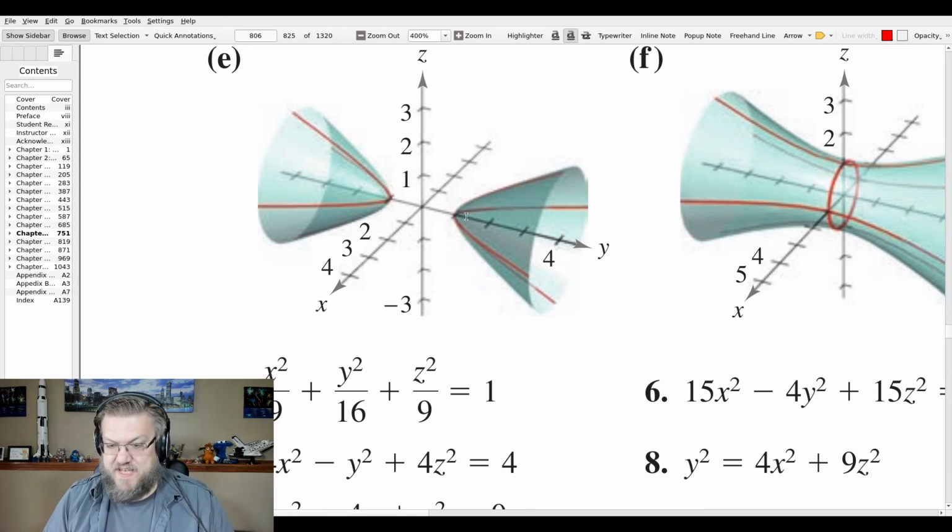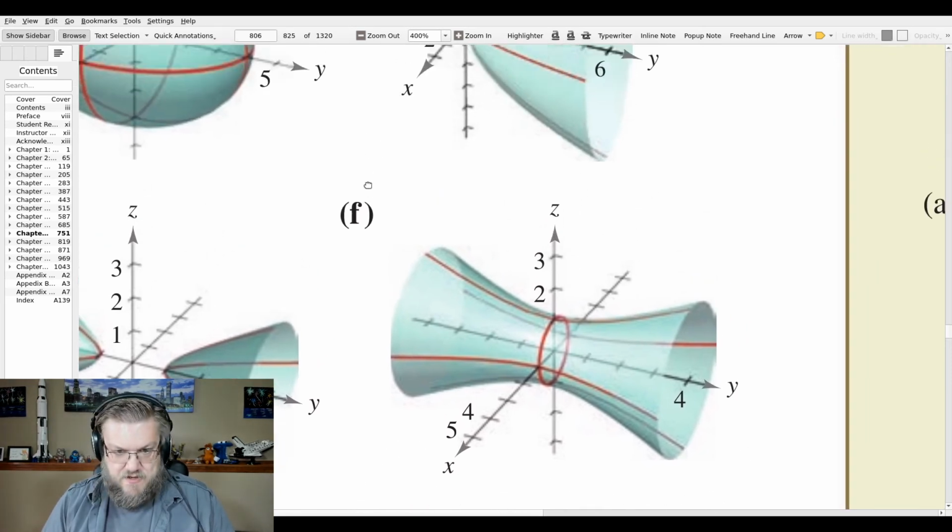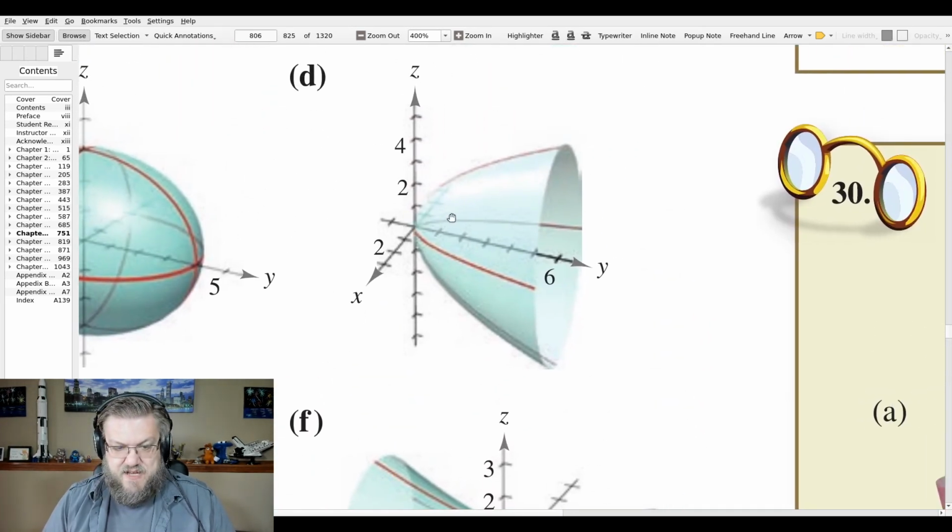So E is out. F has hyperbolas here, and we did not get hyperbolas as traces, so F is out. We're looking for parabolas and lines. Here we have a parabola, and here we have a parabola, but it's not doing the positive negative thing that I was mentioning here, right?